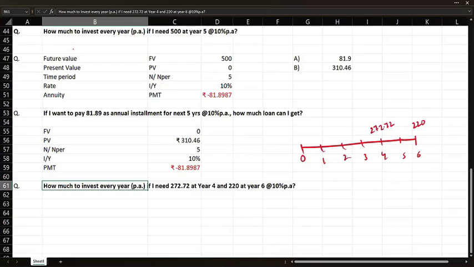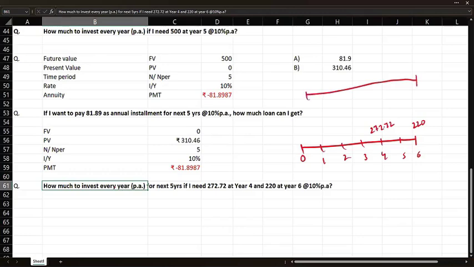This is what you'll be investing for the next 5 years, so that is invest every year for the next 5 years if I need 272 and 220. So basically what I've done is not much.